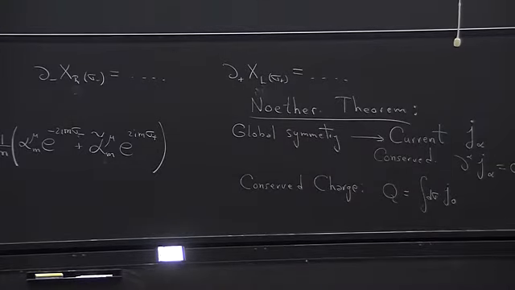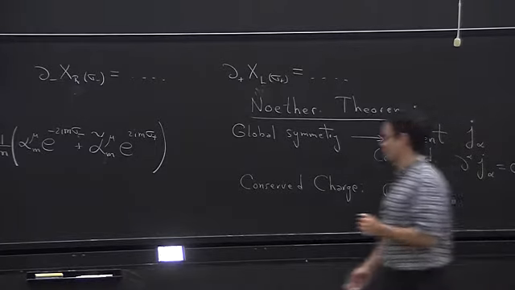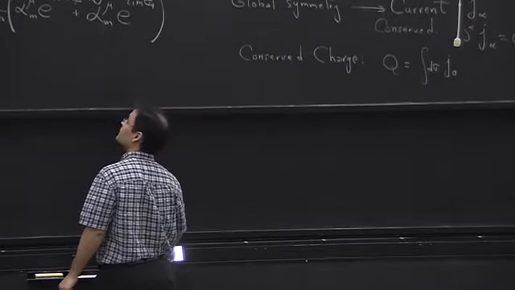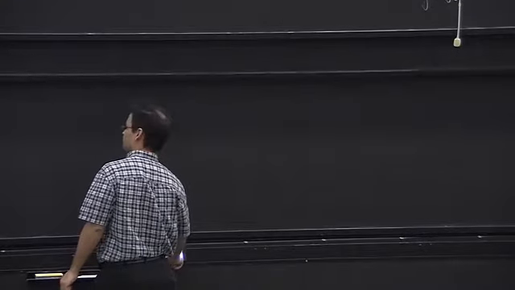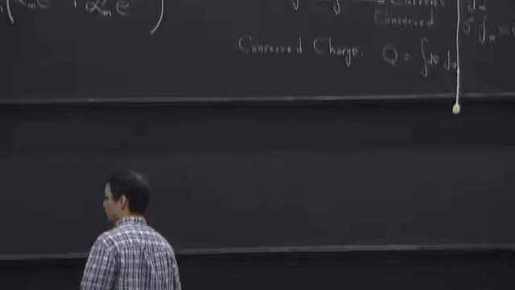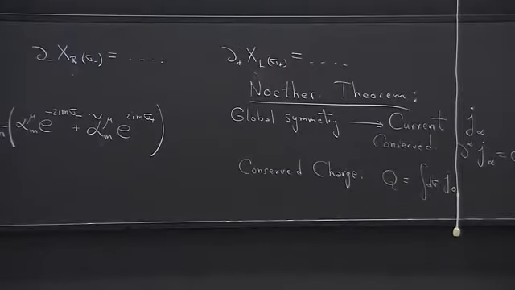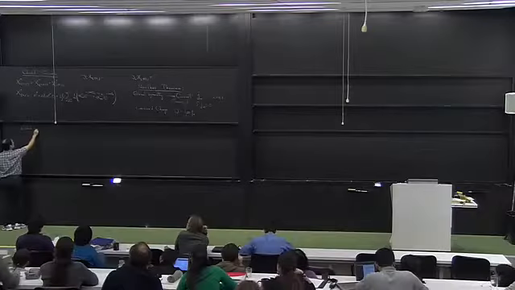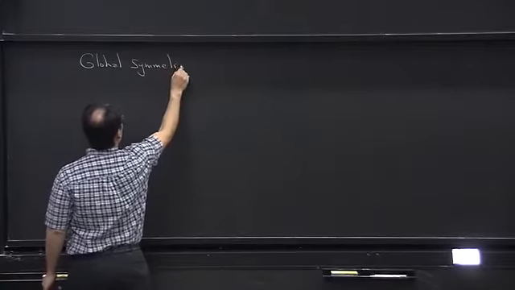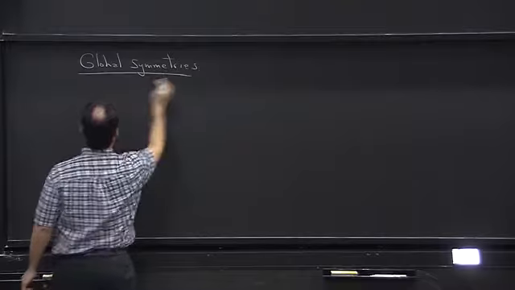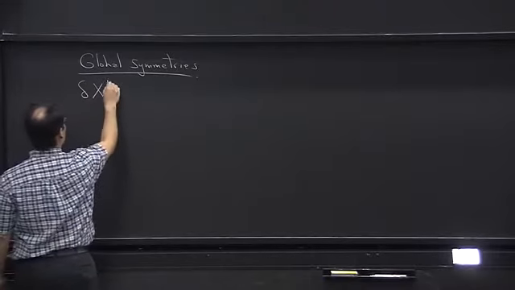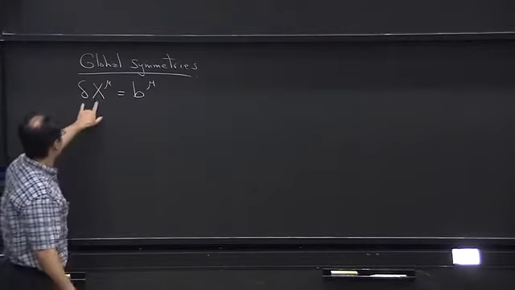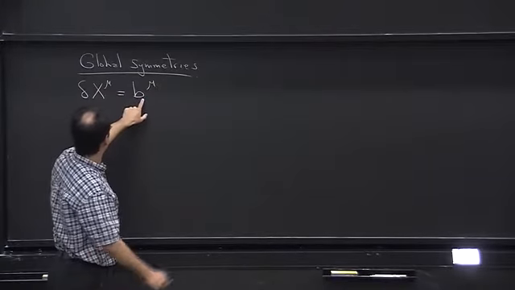Well, let's see what kind of current we can get. What are the global symmetries we have? Well, we said we can change our scalar fields by a constant.